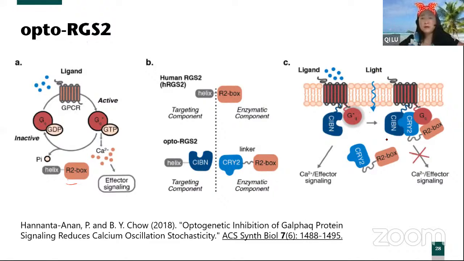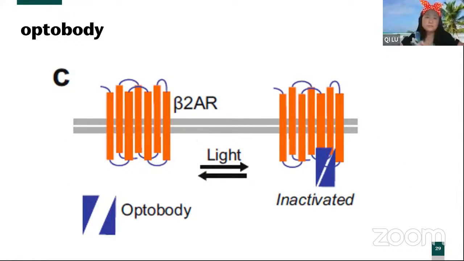After shedding the light, CIBN binds with CRY2, and this brings the RGS2 box very close to GQ, and it causes the inactivation of GQ and terminates the calcium effector signaling with the light. So this is an opto-RGS2 system. It's like using the light to terminate the signal of the G proteins.